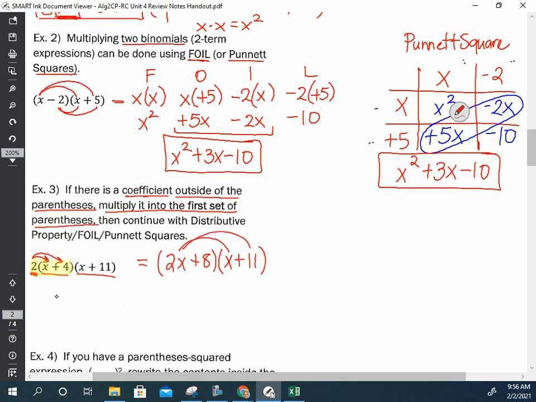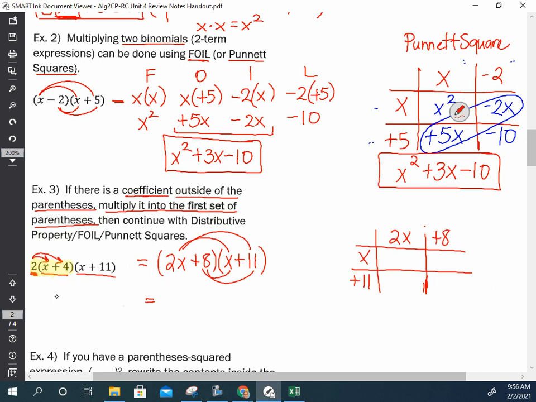So you can either do FOIL, or you can set it up as the Punnett square. Again, either way should get you to the same answer as long as you do your computation correctly.